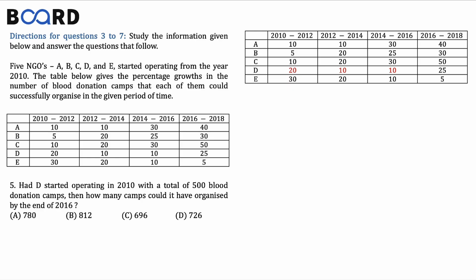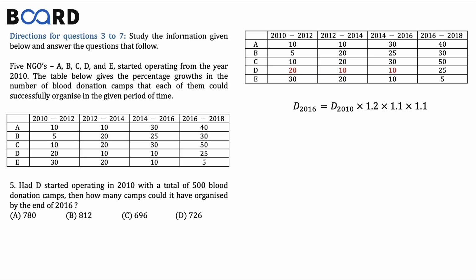Right? So the value of D has to be first increased by 20%, then further by 10%, then further by 10%. That's what overall I have to do. So D in 2016 will be whatever is the value of D in 2010 into, as we just saw in the previous problem, that multiplying factor.